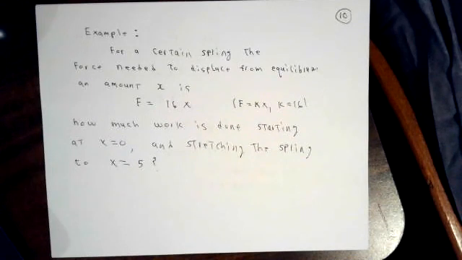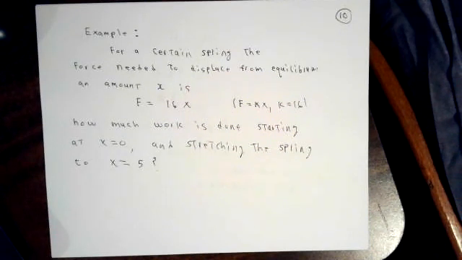For example, for a certain spring, the force needed to cause displacement x is F equals 16 times x. Our spring constant k is 16 in this case. If you start at x equals 0, at the natural or equilibrium length of the spring, you're going to stretch the spring until it's 5 units from its equilibrium. How much work is done in doing that?